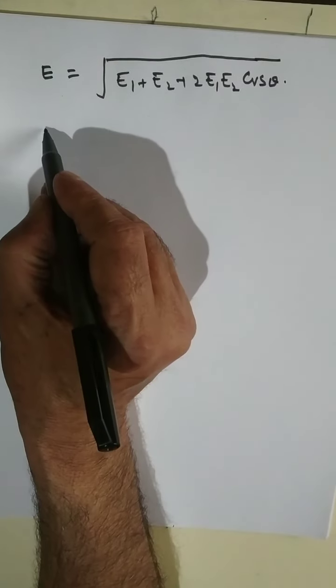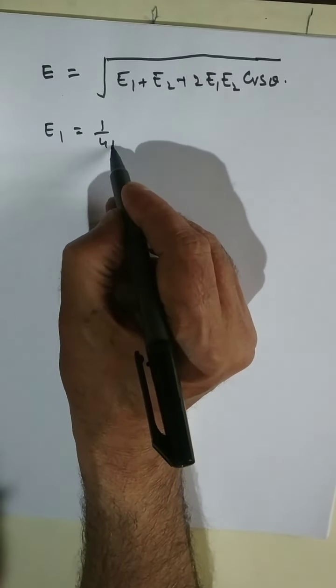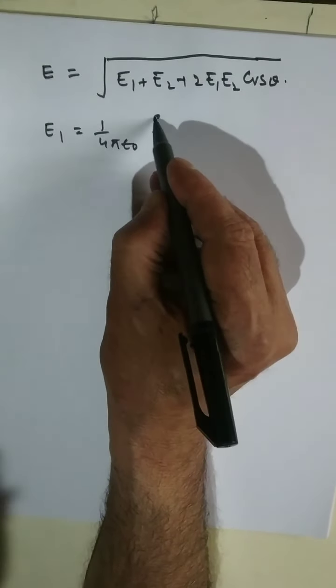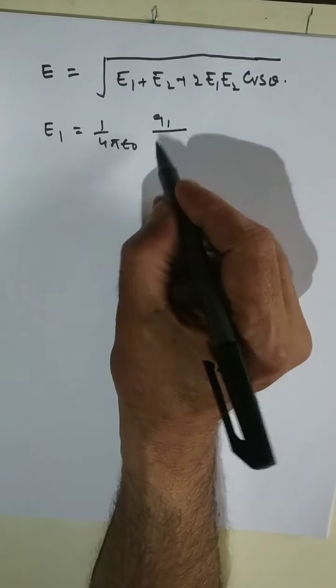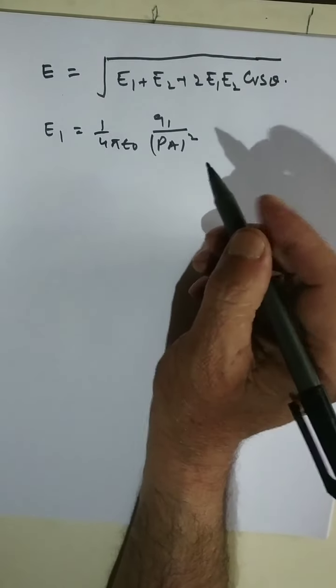Now, E1 is equal to 1 by 4 pi epsilon 0 Q1 by PA square. ठीक है? क्यों?